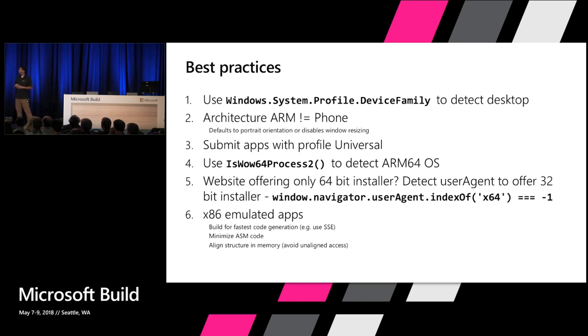Make sure you use SSE2 instructions. And then finally, the one thing I would say is unaligned. We've actually seen some games use something called unaligned structures. Without going into a lot of details, don't do that. That just hurts performance on ARM. It hurts performance in general, but don't do that. That's just not a good idea.